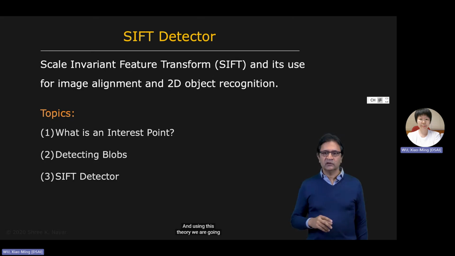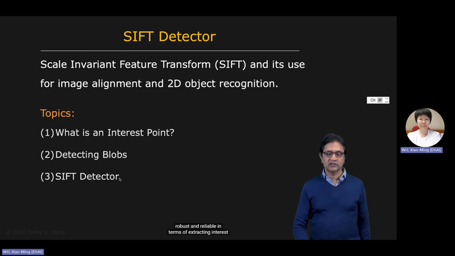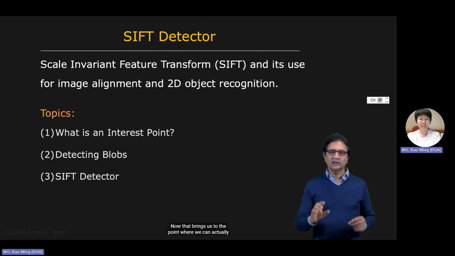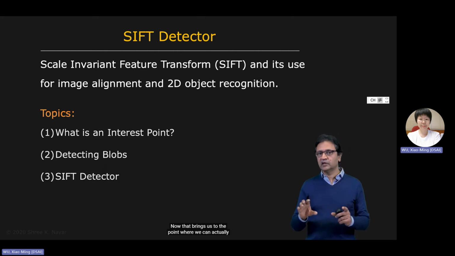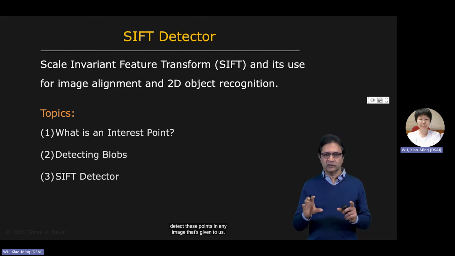Using this theory, we are going to develop the SIFT detector, which was proposed by David Lowe. It's a very clever, very clean implementation of blob detection, and we'll see how it's done, and we'll also show that it is very robust and reliable in terms of extracting interest points from images. Now, that brings us to the point where we can actually detect these points in any image that's given to us.